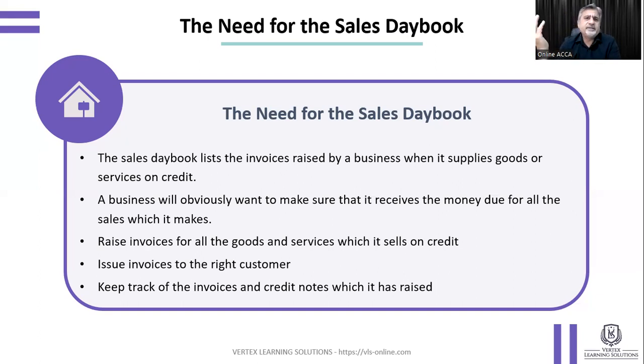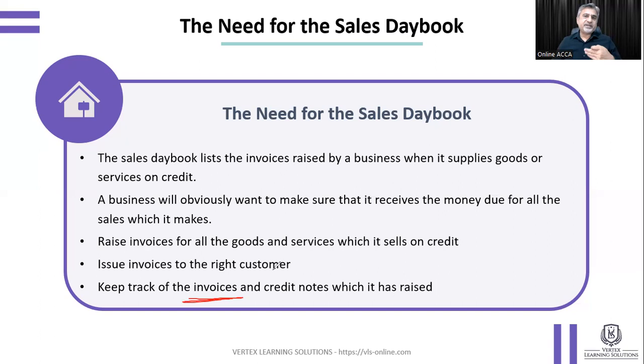I will go crazy. I did not send so many letters. Why are you asking me for $1,000? Oh, we are very sorry, we sent you the bill of another customer. That will create confusion. So you need to make sure that you make invoices to the right customers for the right amounts, and keep track of the invoices.